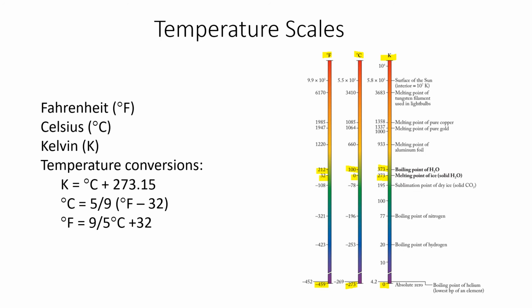We just have to bring the points to each other. Celsius and Kelvin are really only different by 273 degrees either way. Kelvin will always be 273 degrees higher than Celsius. That's just the way it always is.